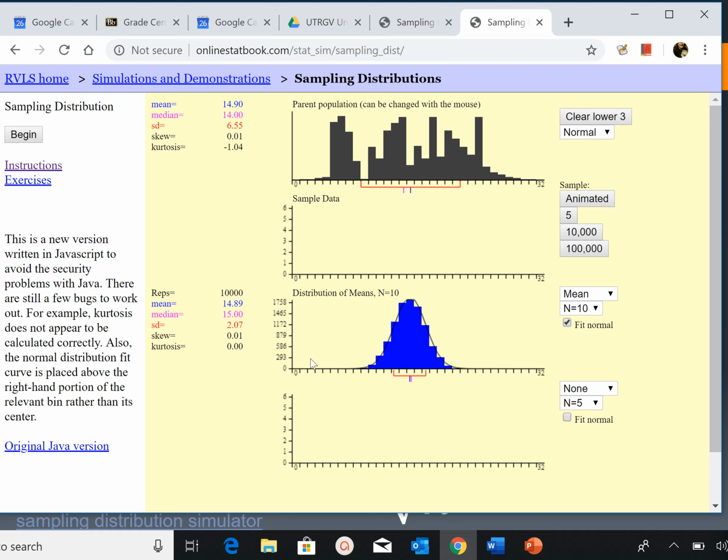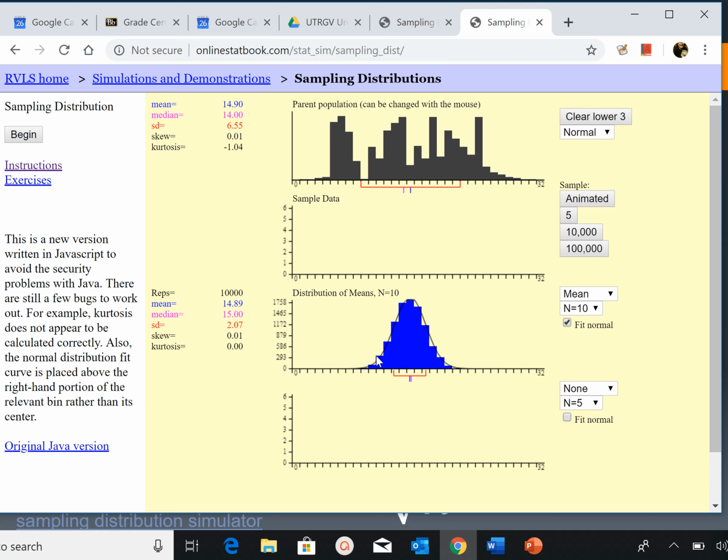We get a mean of 14.89, which is really close to the population mean of 14.90, and we get a standard deviation of 2.07, which is approximately the population standard deviation divided by the square root of our sample size, which is 10.